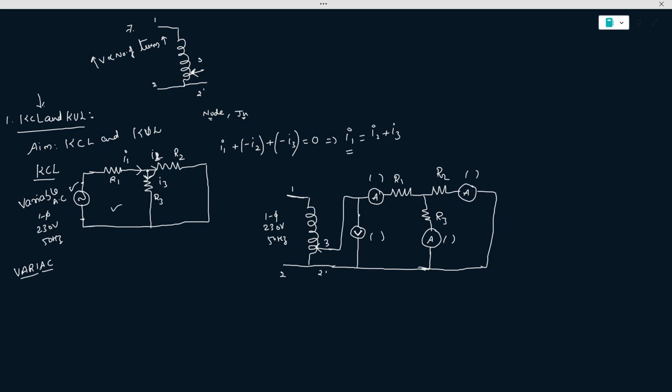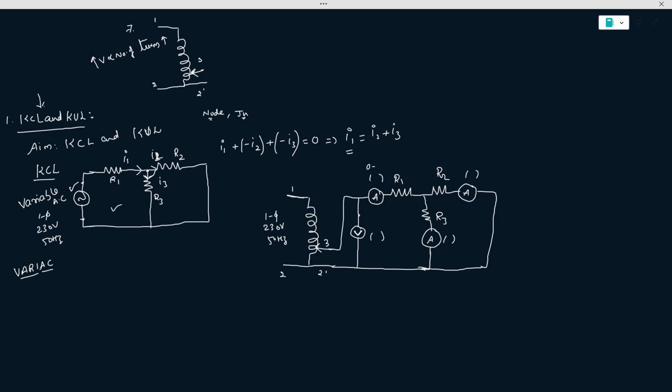Because the voltage we are supplying is already known, and we know the R1, R2, R3 values, by using theoretical concepts we can calculate I1, I2, I3. Depending on the I1, I2, I3 values we get, we can fix the meters' ranges. That is out of scope of this lecture.